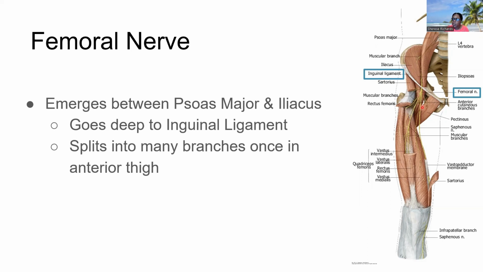And then the femoral nerve will continue to split into several branches, and then it's going to innervate all of the muscles of the anterior compartment of the thigh, your vastus lateralis, medialis, your rectus femoris. All of your quad muscles will be innervated by femoral nerve.